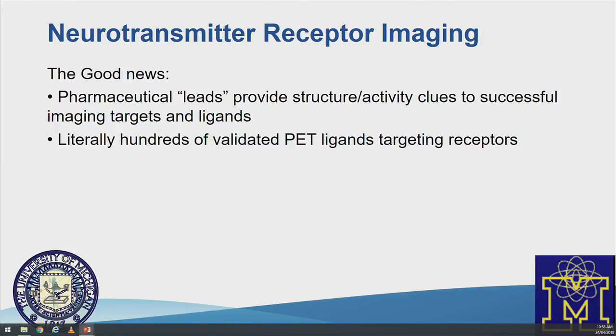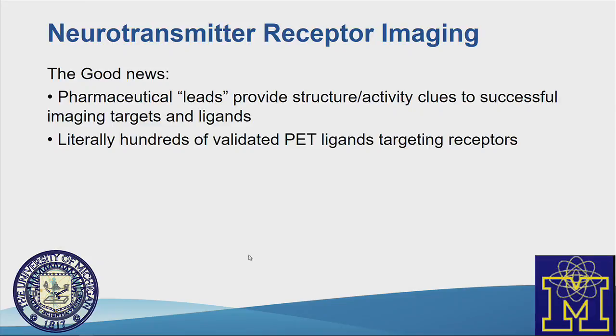So, what's good about neurotransmitter receptor imaging in our experience thus far? Well, the good news is there are just loads of lead ideas provided by pharma, largely. So up until the last 20 years or thereabouts, virtually all the drugs that had central mechanisms of action were receptor targeting.